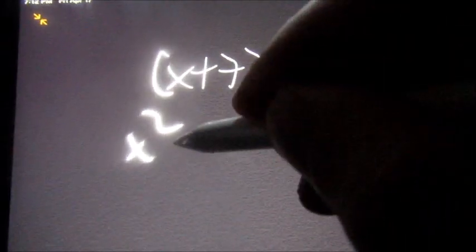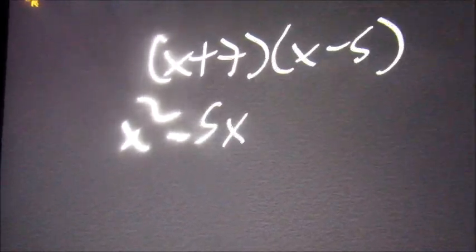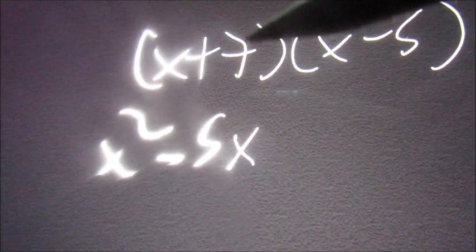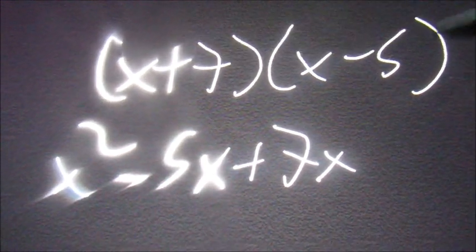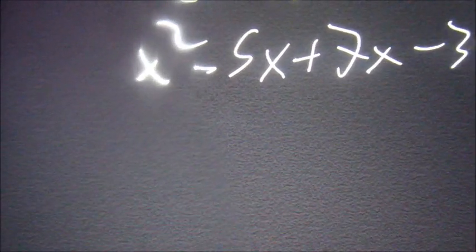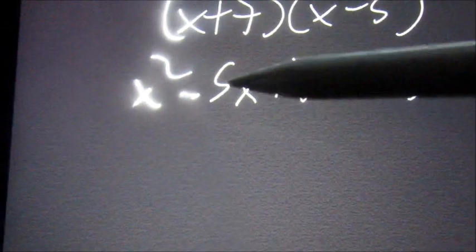Outer, x times negative 5, which becomes negative 5x. Inner, 7 times x becomes plus 7x. Last, 7 times negative 5 is negative 35. Then combine the middle two, and we have x squared plus 2x minus 35.